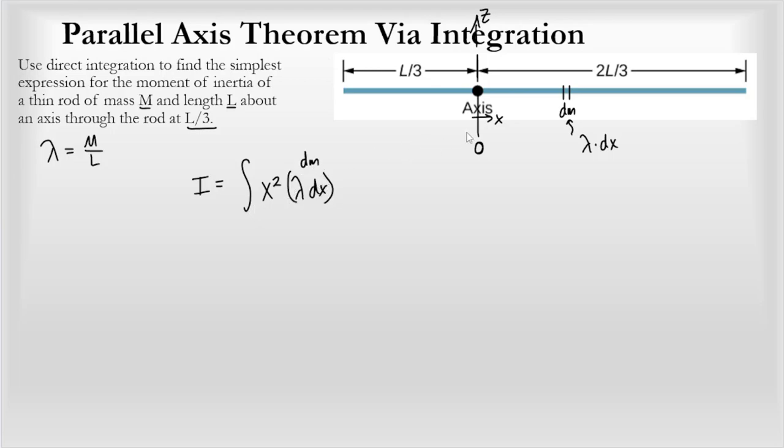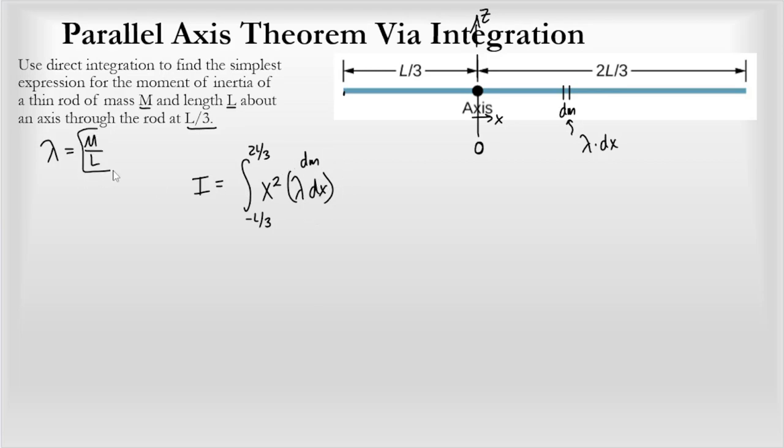Okay. When I'm looking at a definite integral, I want the ends. I'm going to integrate from one end to the other end of the rod. The one end is located at negative 1/3 L, and the other end is located at a positive 2/3 L. Okay, so we're going to do that integral.